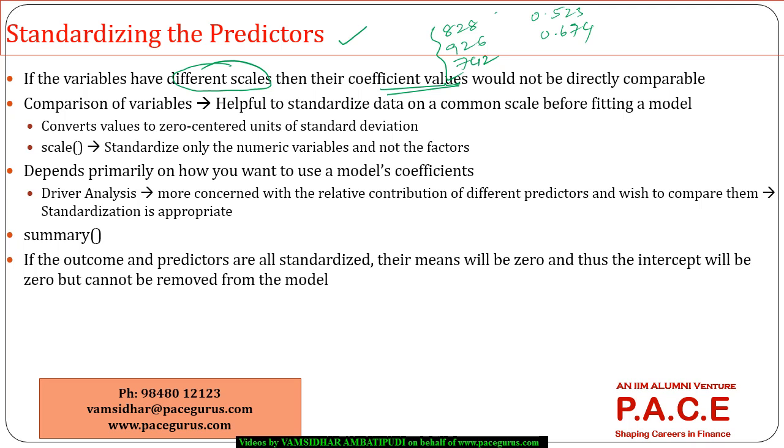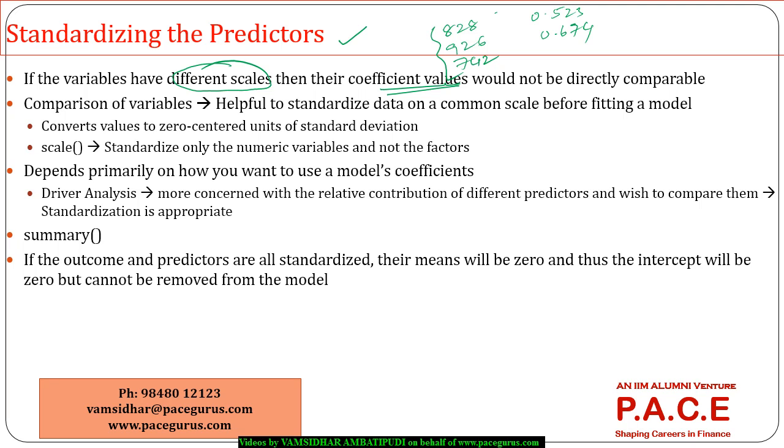So if my objective is to actually do a simple prediction, I really don't need to bother too much about the standardization of the predictors. But if my objective is to influence or to identify which variable is having the highest influence on the dependent variable, right?